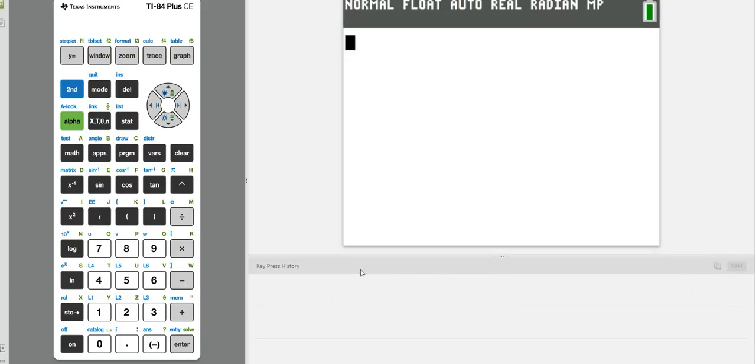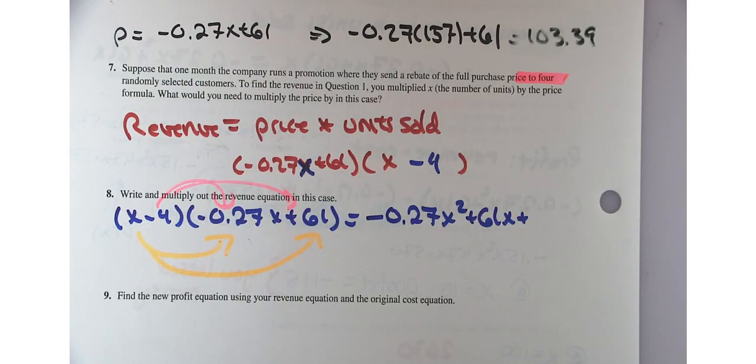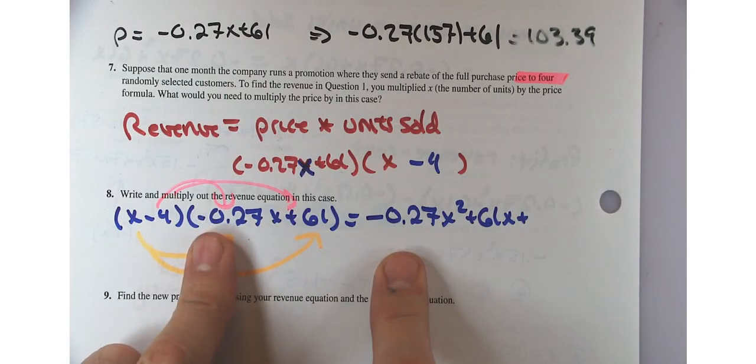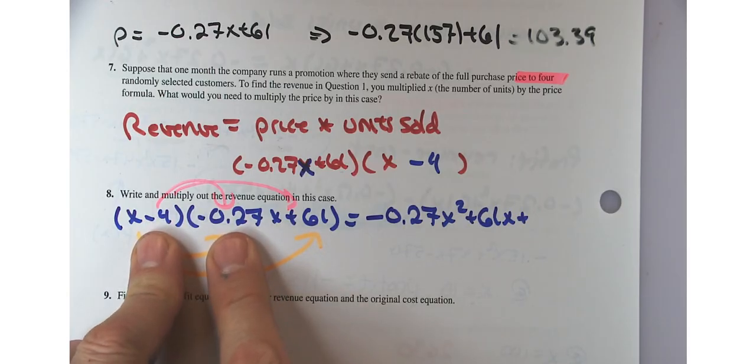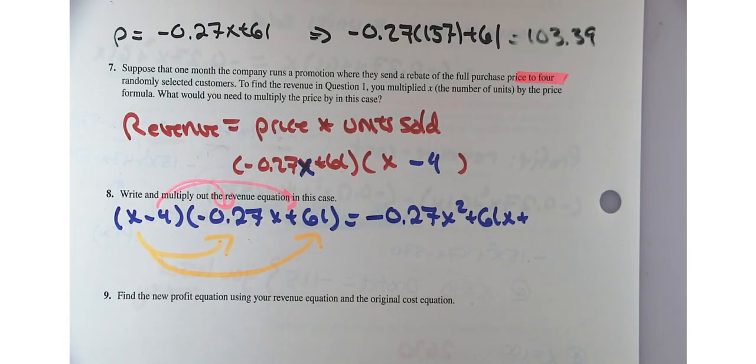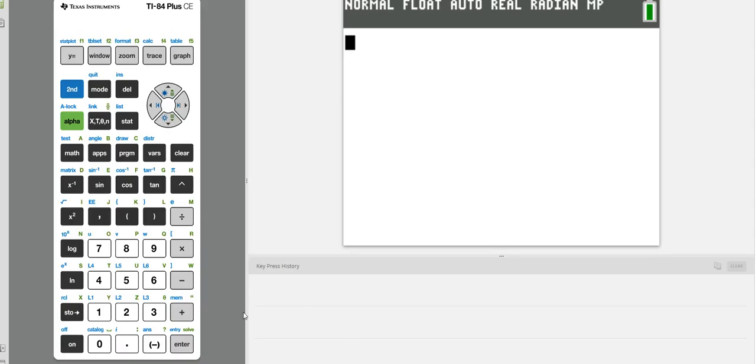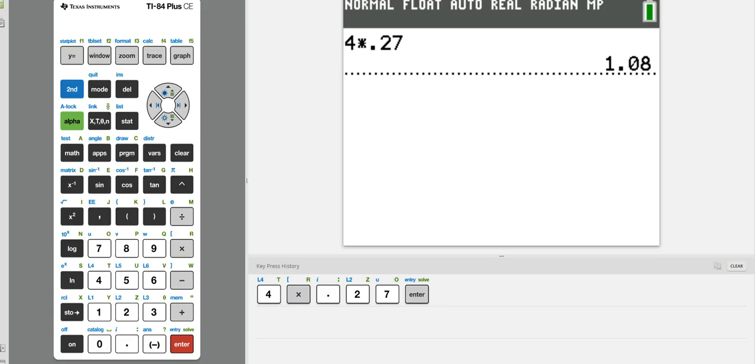What sign term should I get when I multiply these two things together? Positive. A negative times a negative is positive. So rather than putting in both negatives, just realize that you expect a positive term and cut to the chase and type in 4 times 0.27. That should give you 1.08.